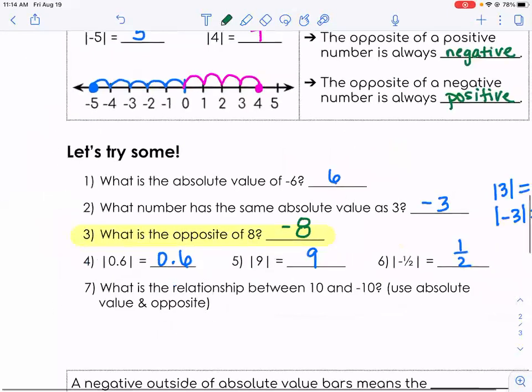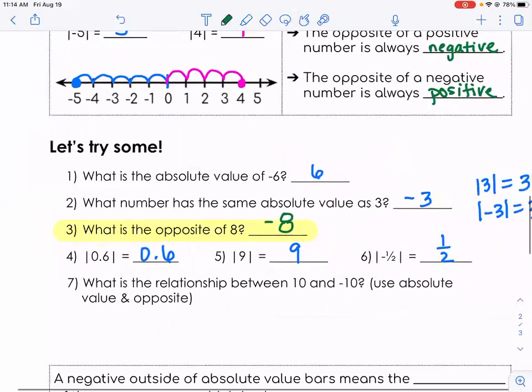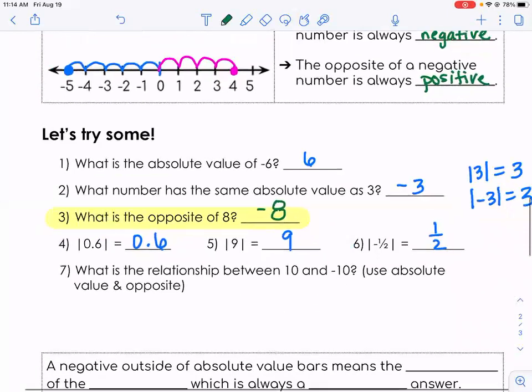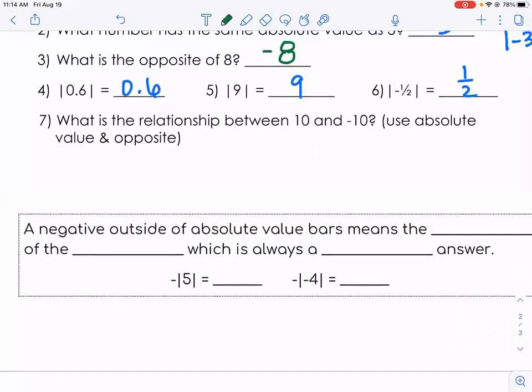Now, let's talk about this number 7 right here. What's the relationship between 10 and negative 10? Think about it in your head. How would we describe the relationship between 10 and negative 10? Raise your hand if you think you can tell me. Bronson. Good. Kinley, is there another way to say that?